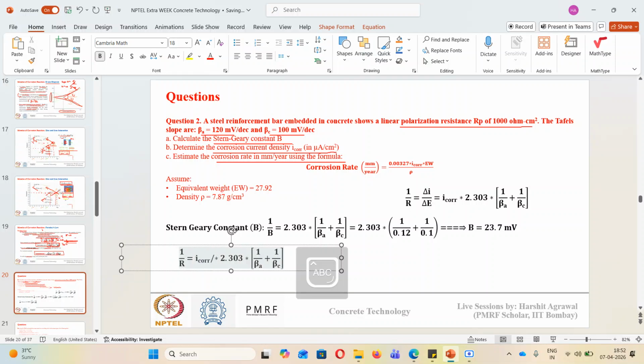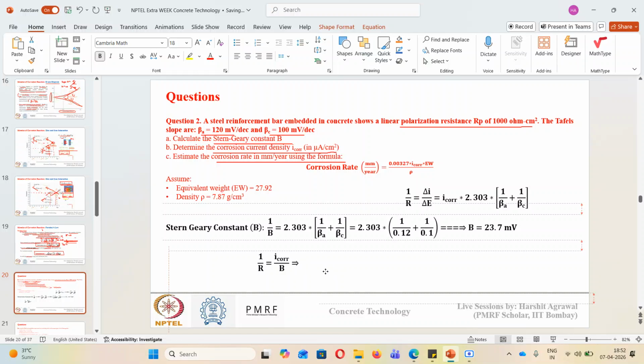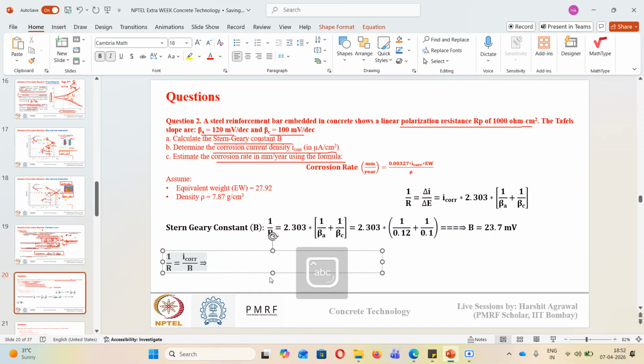So i_corr will be nothing but the B value, that is 23.7 millivolt, divided by the polarization resistance, that is 1000.